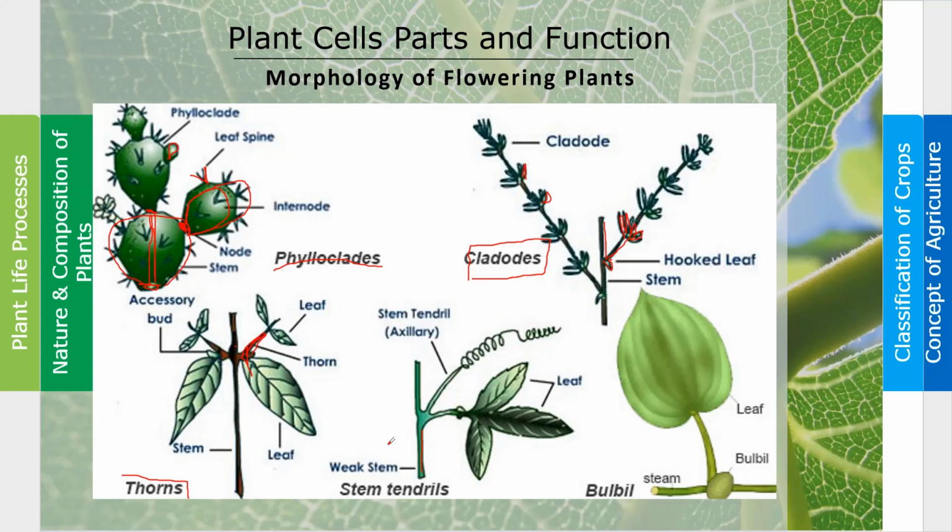Okay? So, kapag hindi siya aakyat, hindi siya makakapag-photosynthesize. Tama? So, it needs support. Kaya meron siyang tendrils. So, this curly part is the tendril. Okay? Na magkukoil doon sa anything na pwede niyang kapitan. Yung support niya.